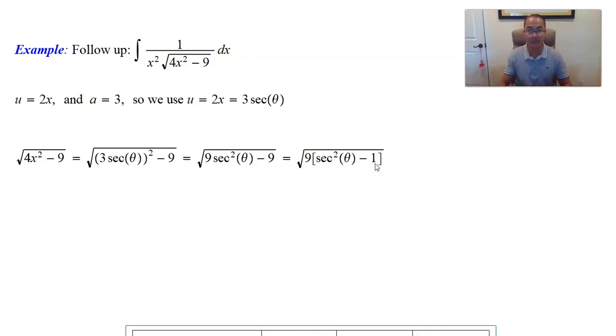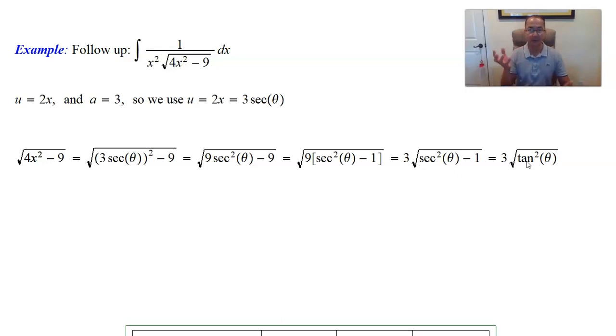It doesn't just disappear, okay? 9 quantity secant squared minus 1. The square root of 9 goes out as 3. And inside, we are left with secant squared minus 1. 1 plus tangent squared is secant squared. Tangent squared is secant squared minus 1. So this is square root of 3 square root of tangent squared theta.